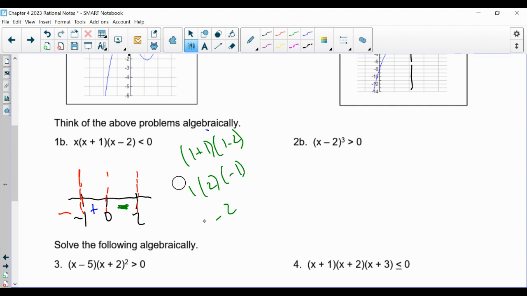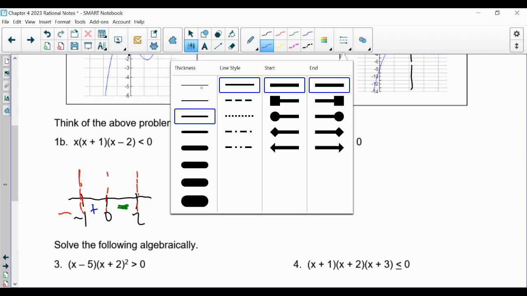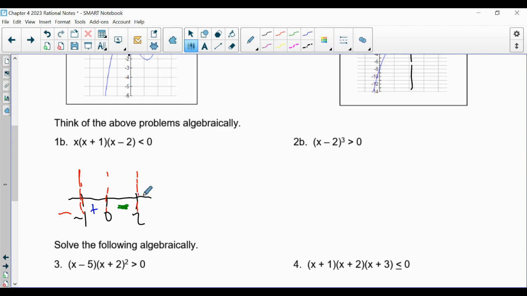And then the last section here, 2 and bigger, so I'm going to substitute in 3. Thought I switched colors, but I guess I didn't. And it's too late now. I've already gone too far. So that's 3, that's 4, that's 1. You get positive 12. So you get a positive answer.